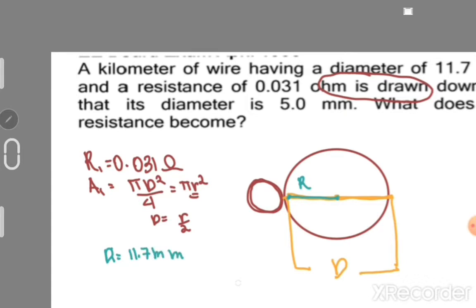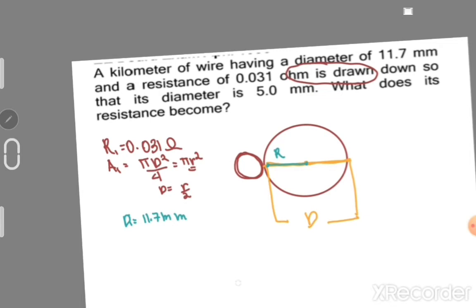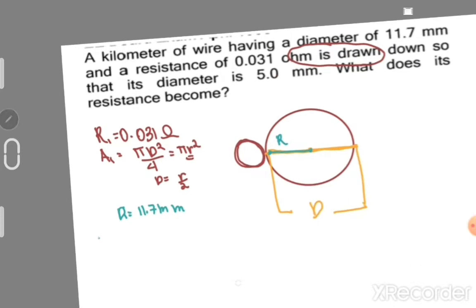And our D2, or your diameter 2, if it would be drawn, our R2 is unknown. Our D2 is equal to 5 millimeters.